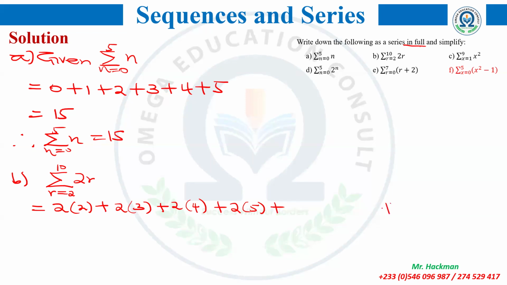Maybe my 3 dots, then plus 2 into the last R substitution, which will be 10. Can I write this? This is my question. I heard yes, I heard no. Okay, no. Why?